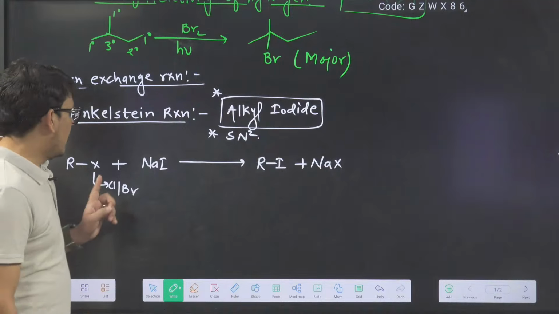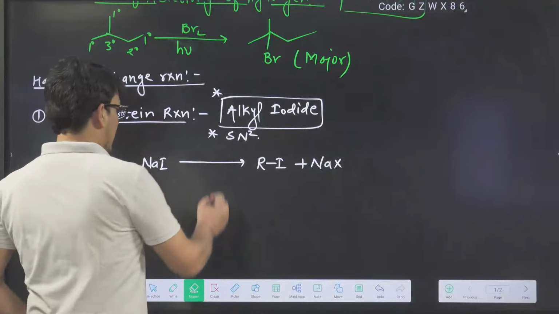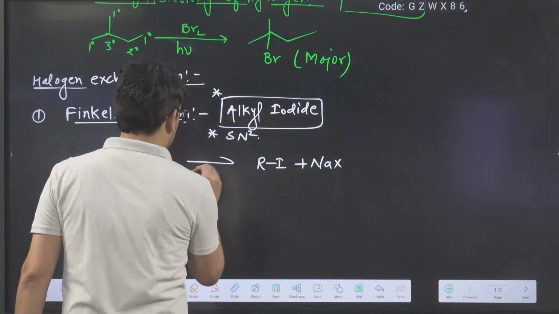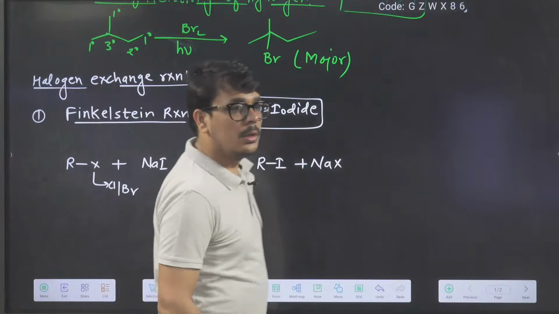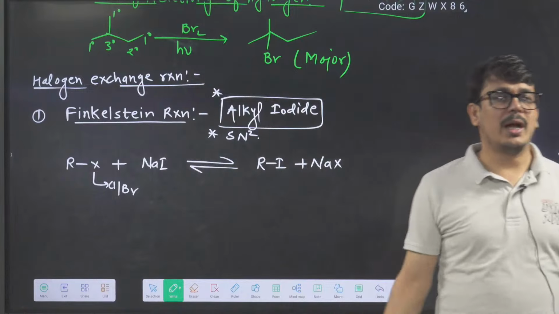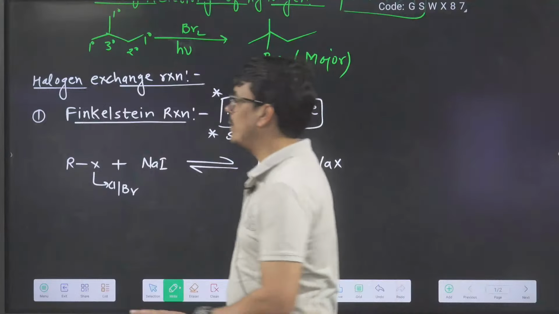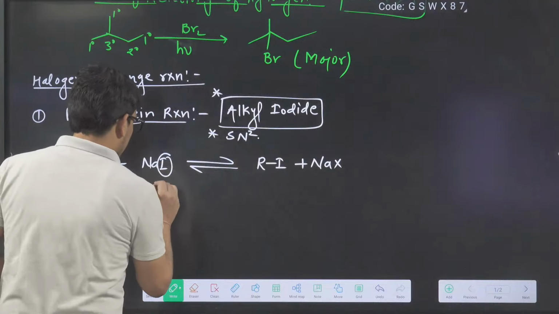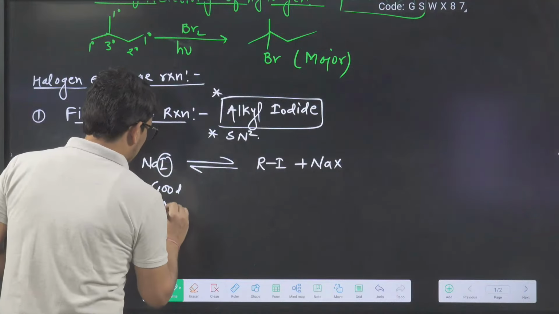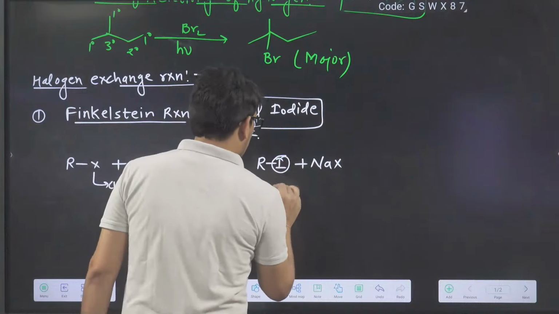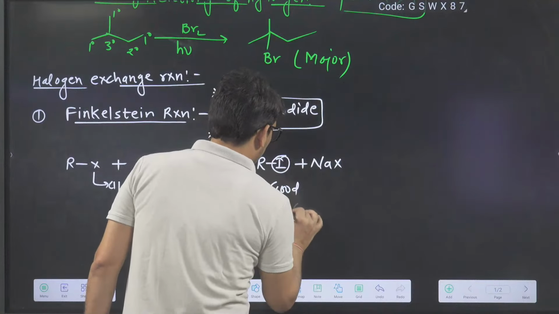Now in this reaction, it is found to be highly reversible. Why am I saying this? Because I minus is a good nucleophile, and I is also a good leaving group.